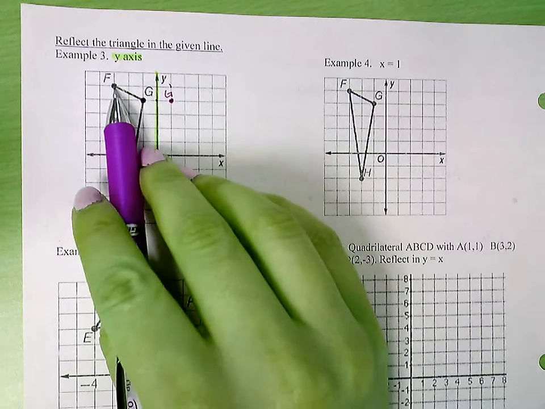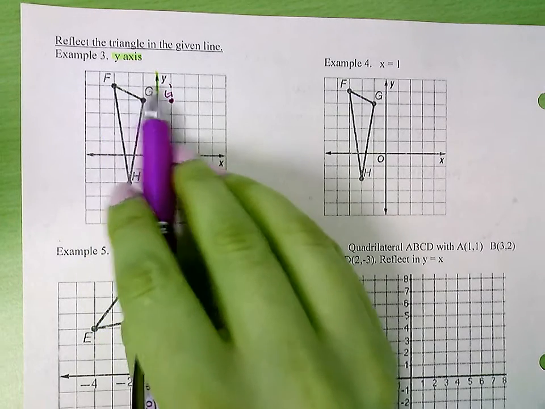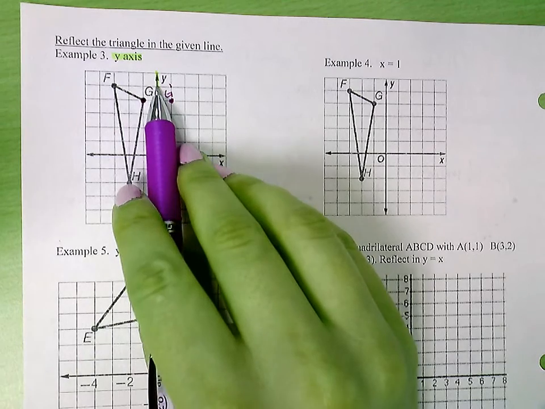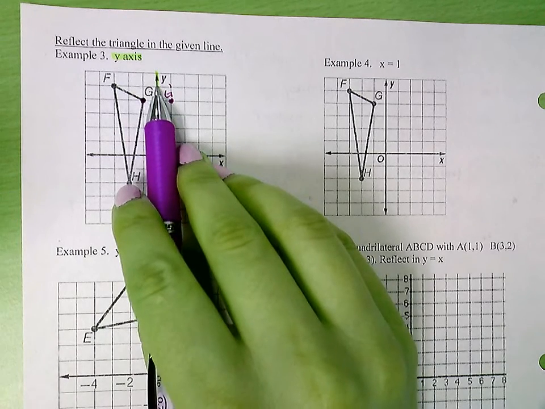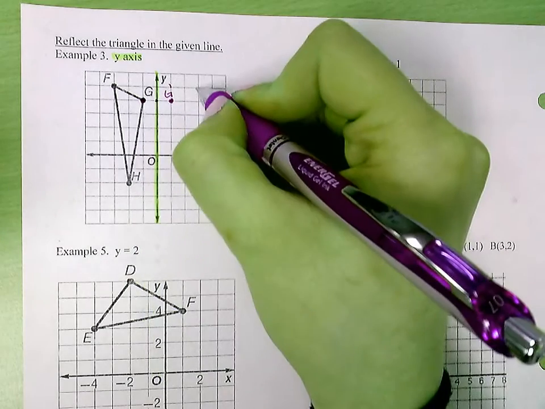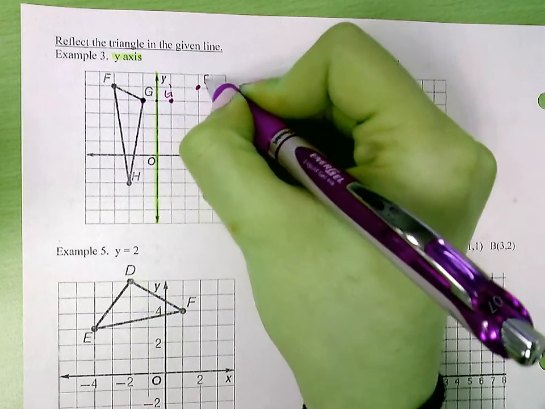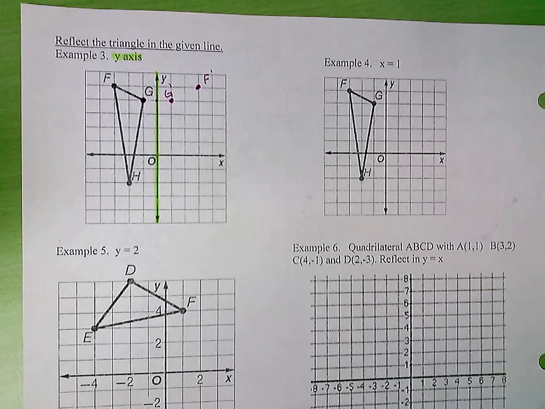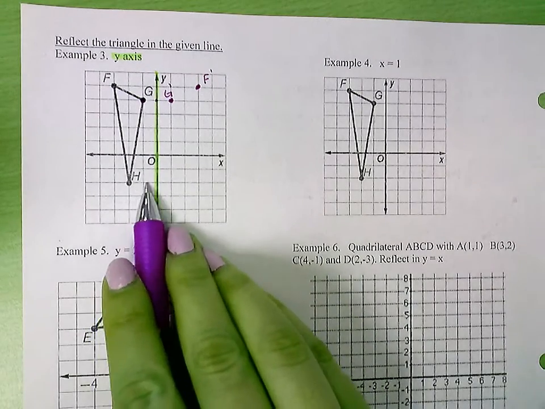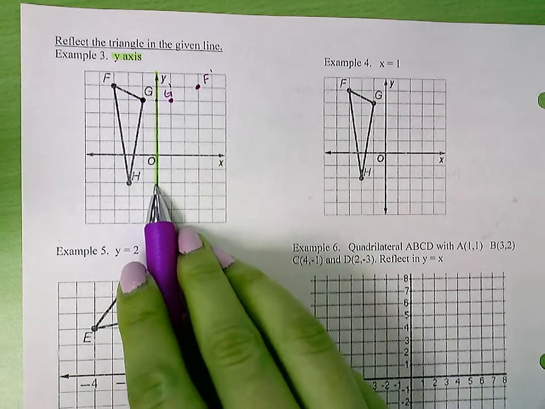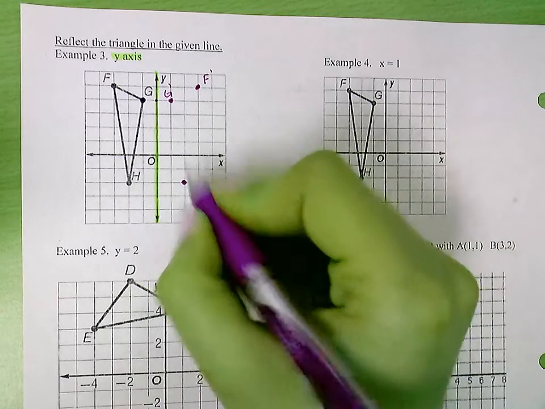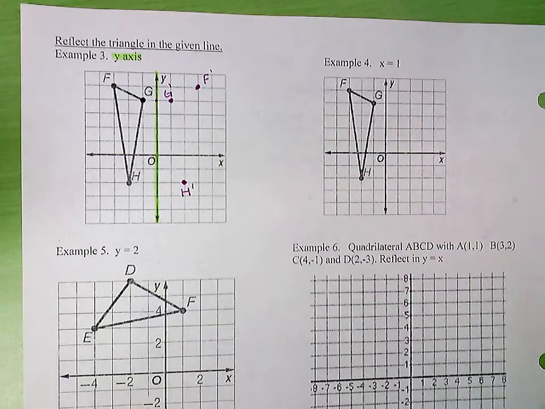Same thing with point F. Point F is 1, 2, 3 units away, so I'll count 3 units from that line of reflection in the other direction. F prime will be here. Last one is H. H is 2 units from that line of reflection, so count 2 units in that opposite direction for H prime.